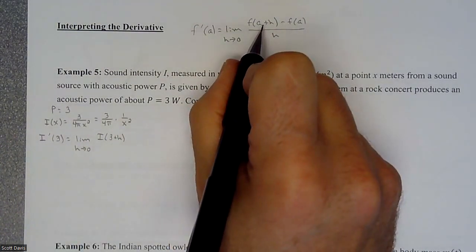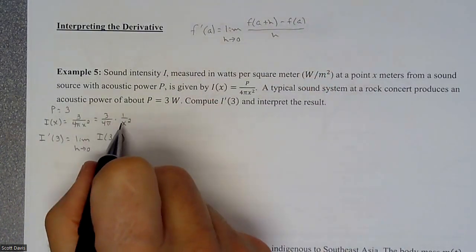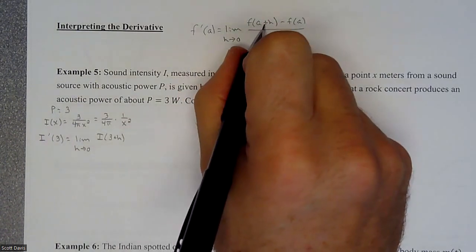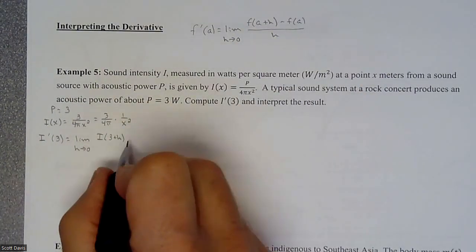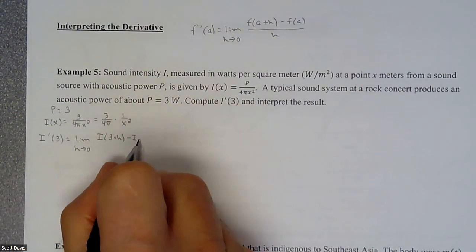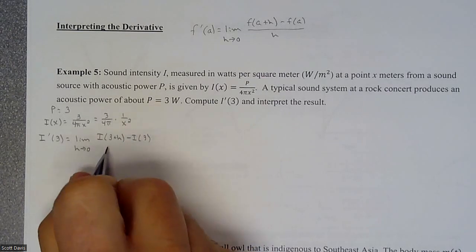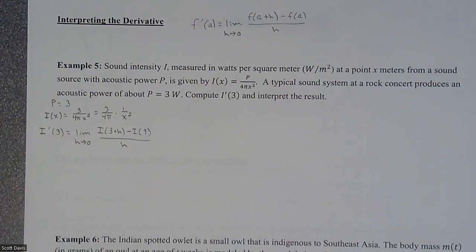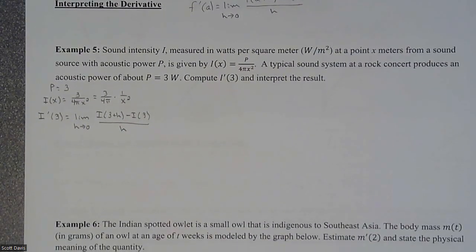Our function is I, and here's our a value, so 3 plus h, minus the intensity at 3, divided by h. We're going to have some algebra to fight through.